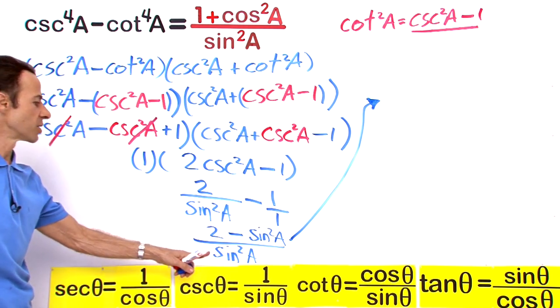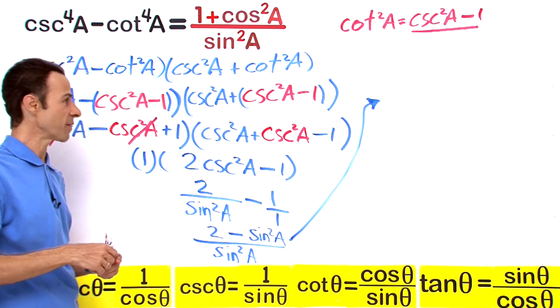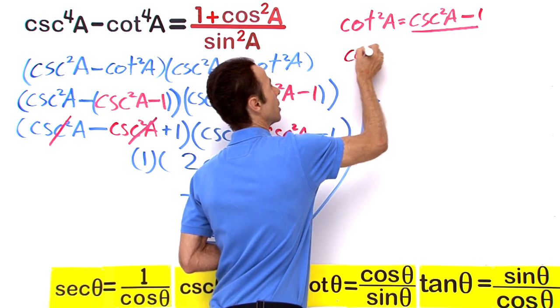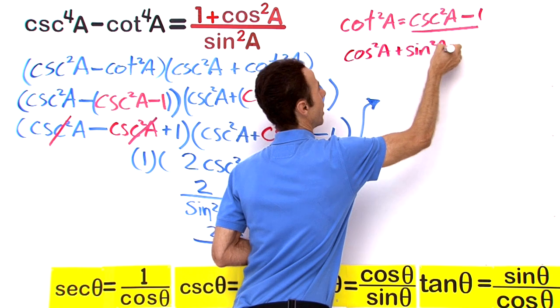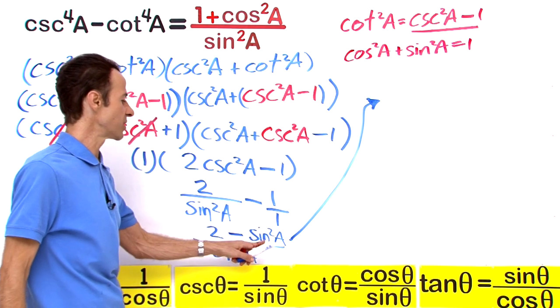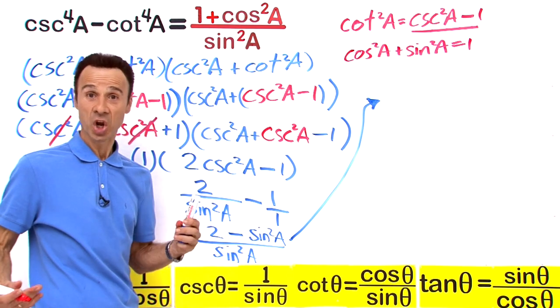Well, the sine squared a, isn't it true that we can replace that, because we have a trig identity, another one would be cosine squared a plus sine squared a equals 1. So what we can do to replace that sine squared a, because we want a cosine on the top, it's telling us, put a cosine there.